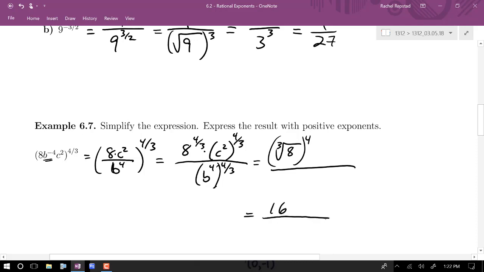Okay. What about c squared to the 4/3? What property are we going to use? I've got c squared, that exponential expression, raising that to a power. Did you add the exponents? Nope, but you're on the right track.